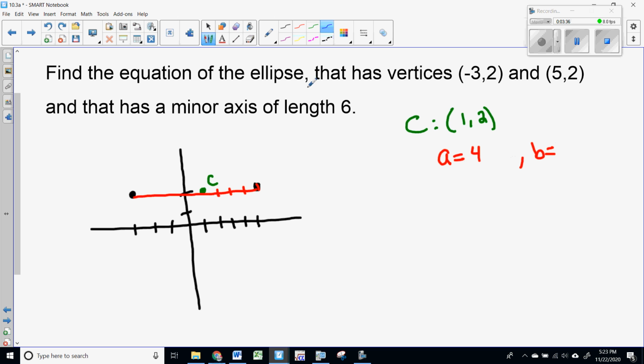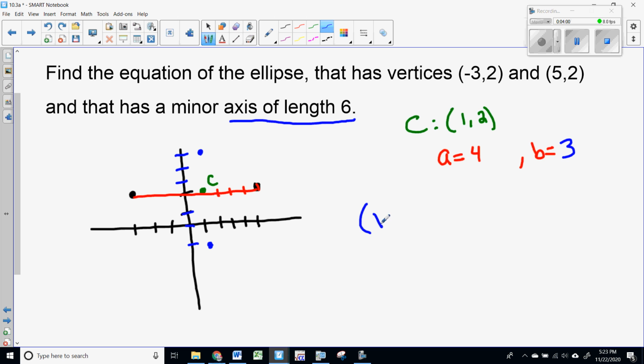Well, we can get b from the length of our minor axis, which is 6. That tells us from our center, we are going to go up 3 and down 3, which tells us our b is 3. Now, we could connect those dots if we were trying to graph this ellipse, but all we want to do is find the equation.